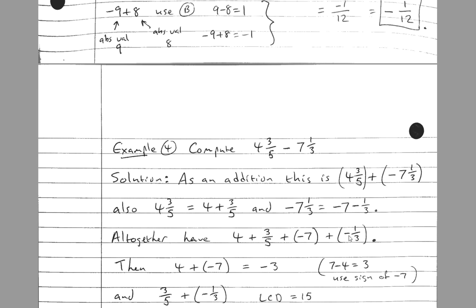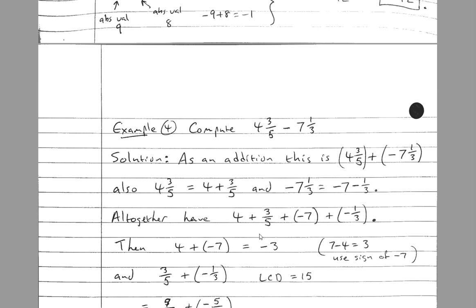All right, so why are we breaking it up like this? Well, the nice idea is, we saw this in the last section, we can add the whole numbers and then we can add the fractions, doing those two parts separately.